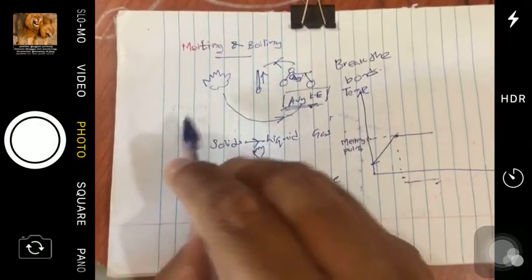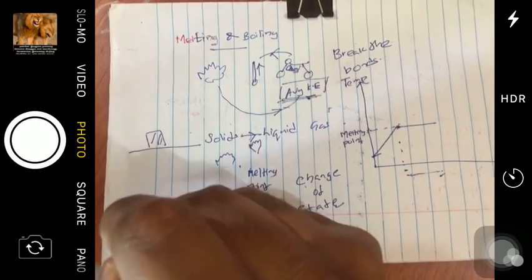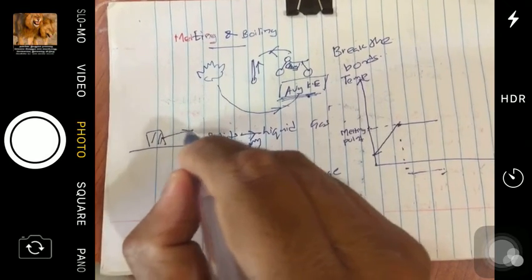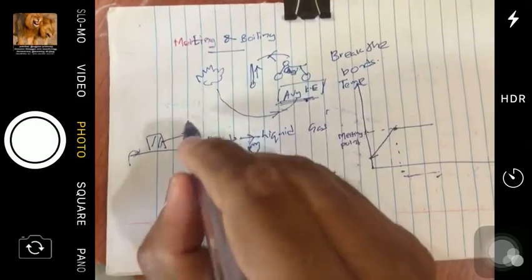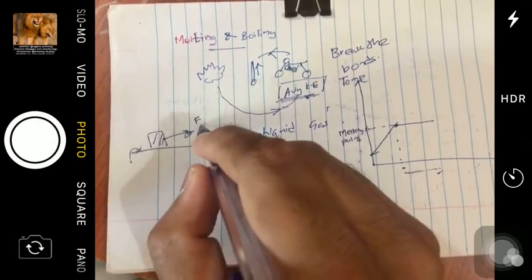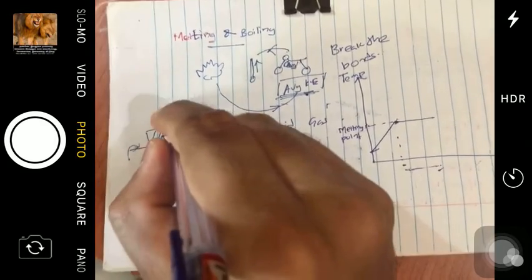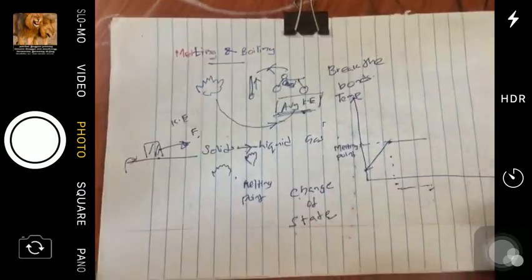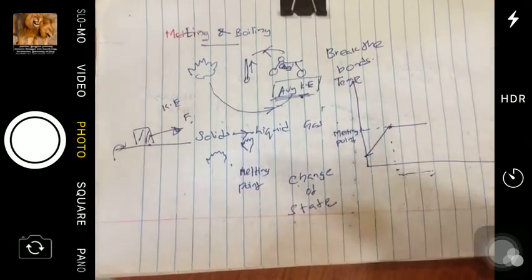You can imagine it like this. Now there is a box, and you are pulling it in this direction, and assume that this is a very frictionless floor. Then the work that you are doing using this force, the energy that you are giving to this box, will be used to increase the kinetic energy. The box will accelerate and its velocity would go on increasing, which means its kinetic energy will also increase.